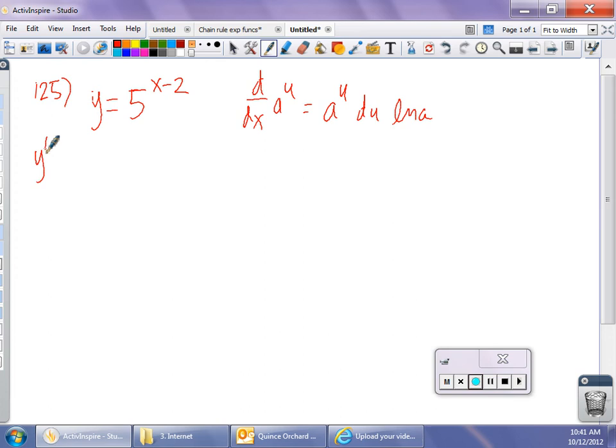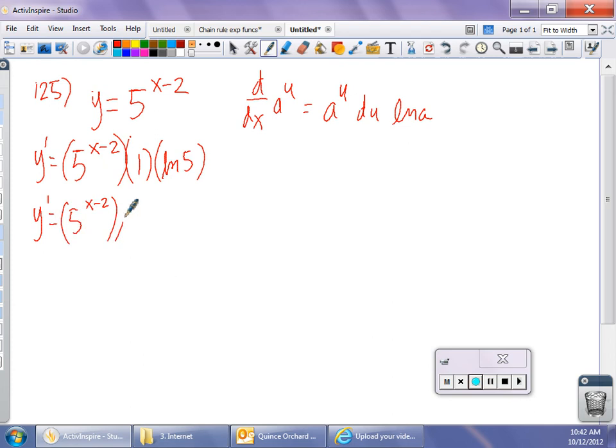So we keep the function, times the derivative of the power, which in this case is 1, times the ln of the base, which is 5. So y prime is equal to 5 to the x minus 2 times the ln of 5, and the order you write this in doesn't really matter because it's multiplication.